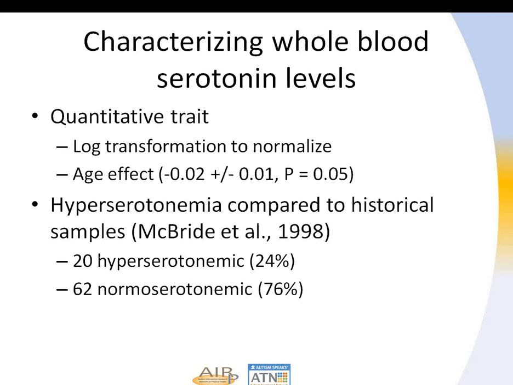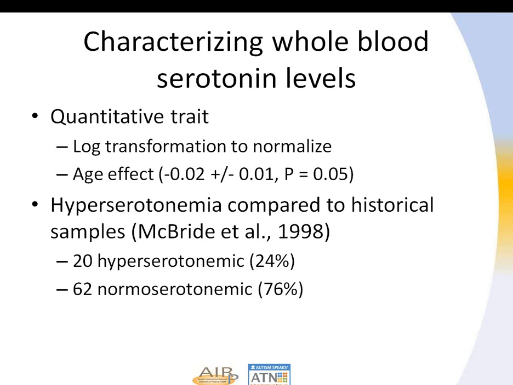So when we look at whole blood serotonin levels, this biomarker, as a quantitative trait, we find that there's a skew to the distribution in the sample that requires a log transformation to get something that looks more like a normal curve. When we look at it in relation to age effects, we find that there's a significant impact of age, such that the older a child is, the lower their serotonin levels are.